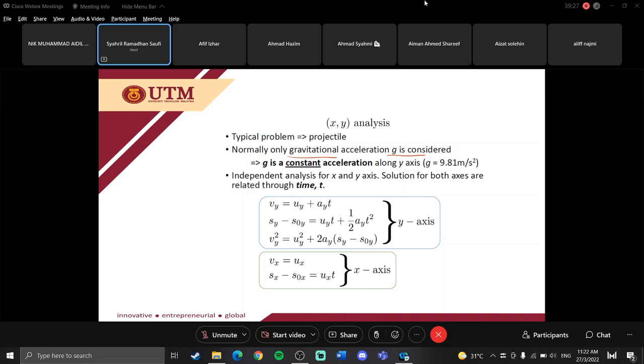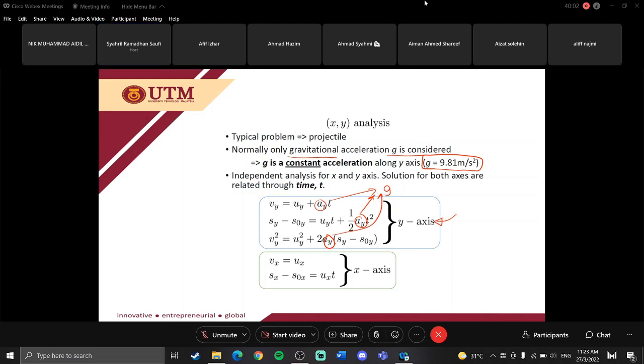For the acceleration we only consider gravitational acceleration, so please remember that. So g is a constant acceleration along the y axis. This is the value of the acceleration, g. Meaning that in this particular equation for the y axis, this ay here is equal to g.